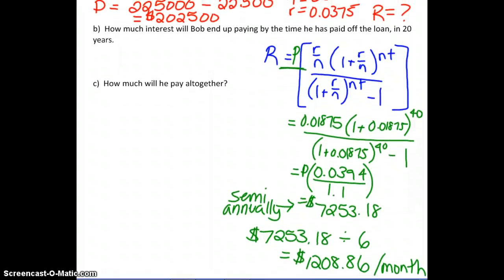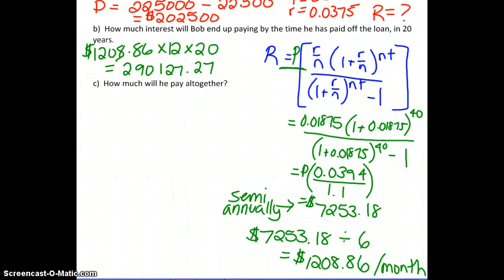Then they ask, how much interest does he end up paying after he's done this for 20 years? If he pays $1,208.86 per month, we have to multiply by 12, and he does this for 20 years. So how much money does he actually pay in total? It should be $290,127.27.